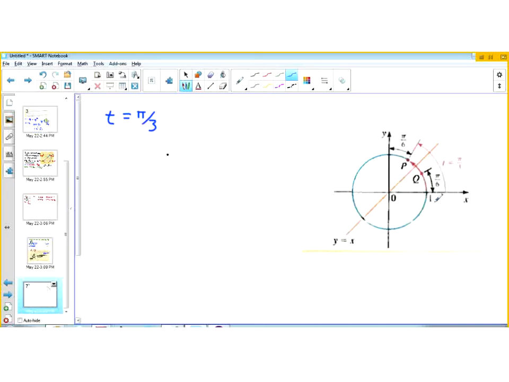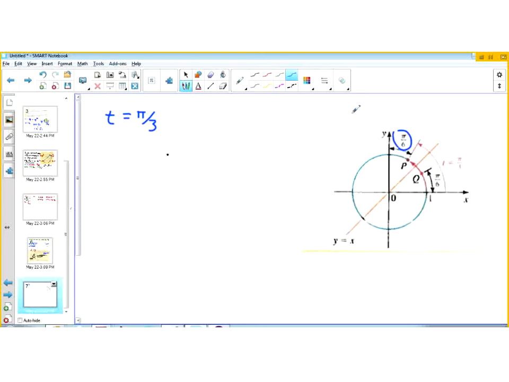Now, on the illustration, I've shown a couple of things. I've shown point Q as being the terminal point for t equals pi/6. And we just calculated the coordinates of Q. Now, point P is determined by the reference number for t equals pi thirds.